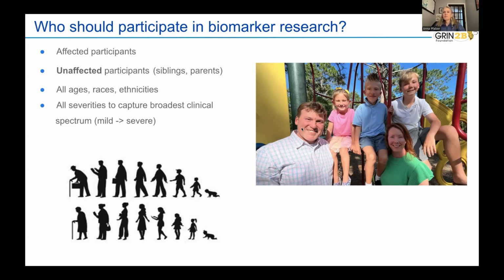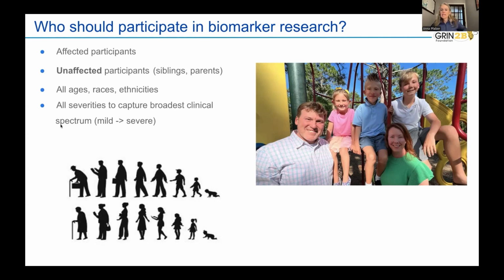Here's a picture of one of my favorite families. This little kiddo in the middle is diagnosed with something called Coulant-de-Vries syndrome, but a picture here to show that participation in biomarker research for the entire family is super important. So all ages, races, and ethnicities. Also, just as important is you want all severities to be able to capture the broadest clinical spectrum of disease.